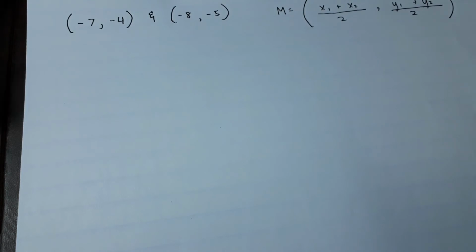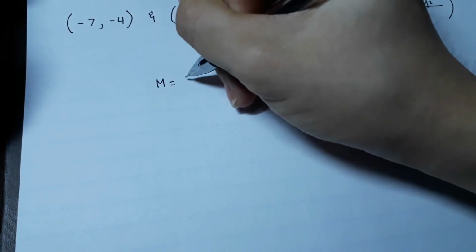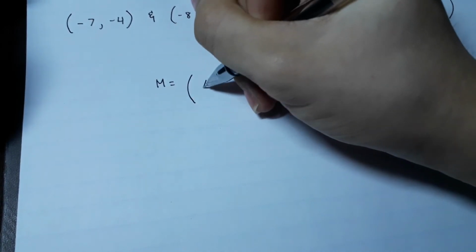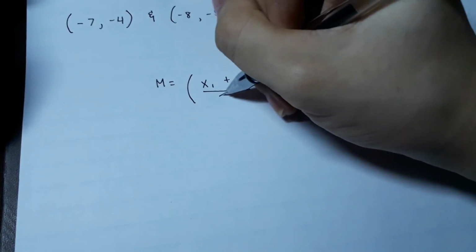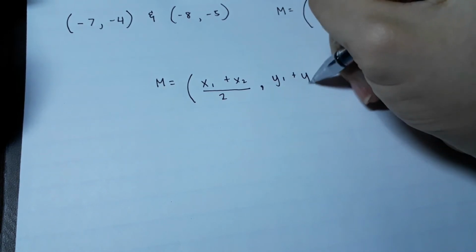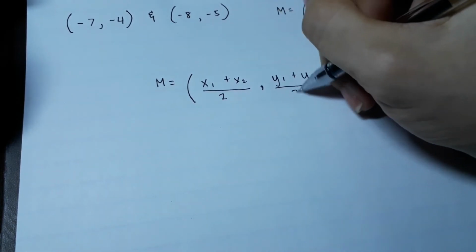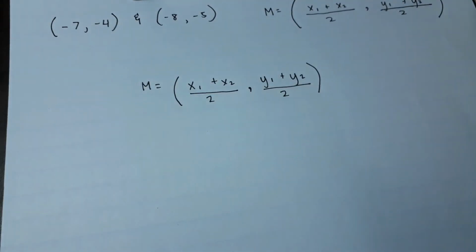First, let us copy the equation. M is equal to x sub 1 plus x sub 2 divided by 2, y sub 1 plus y sub 2 divided by 2. Now again, we have to find the equivalent of the x and y values.